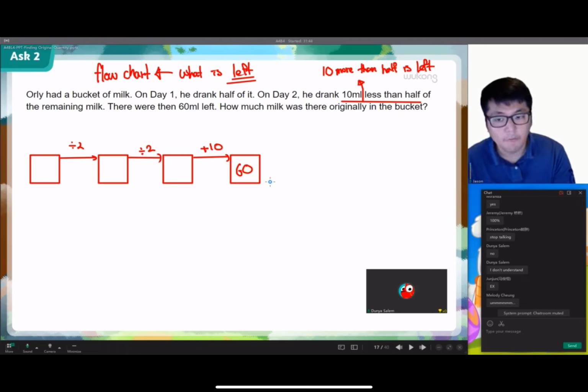Now, Tanya, a flowchart is boxes with arrows. So going backwards, you need to do the opposite. What is the opposite of adding 10? Minus 10. Good. What's 60 minus 10? 50. Yes. And what is the opposite of dividing it by 2?